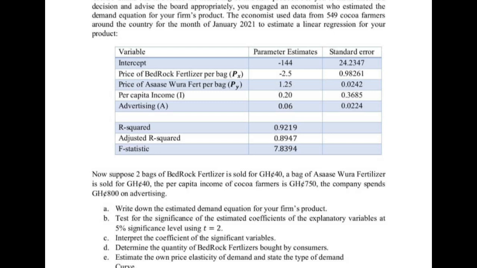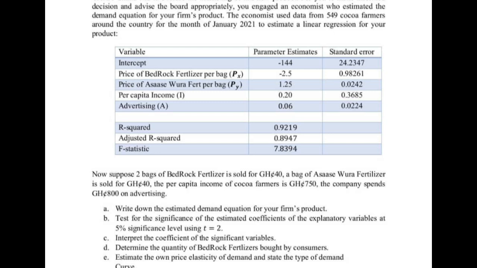To determine the quantity of bedrock fertilizers bought by consumers, we go to the question and read the additional information there. It says suppose 2 bags of bedrock fertilizer is sold for 40 cedis. A bag of Asasira fertilizer is sold for another 40 cedis.